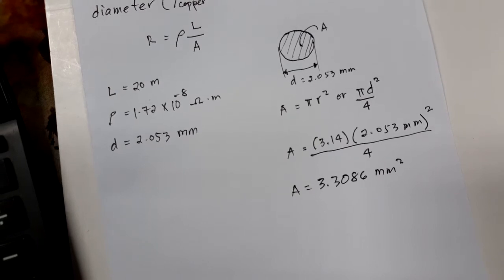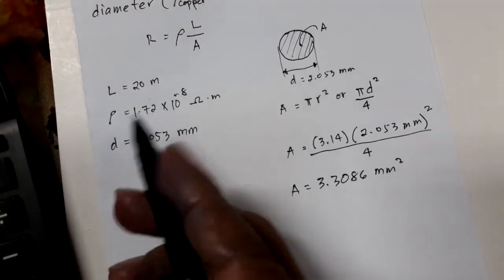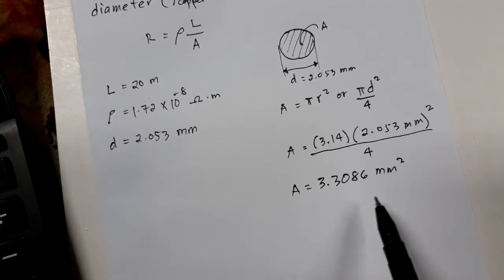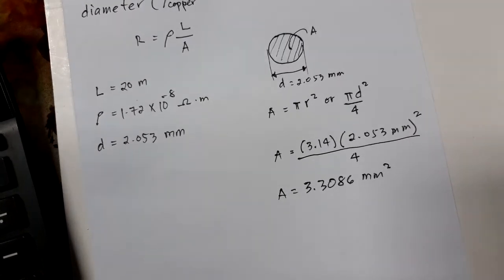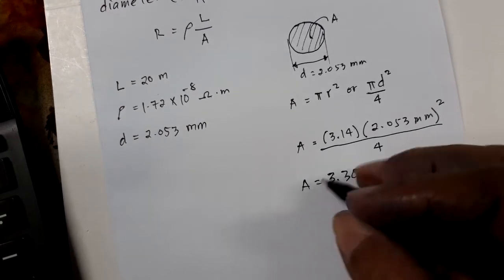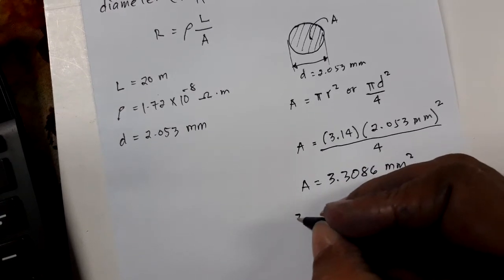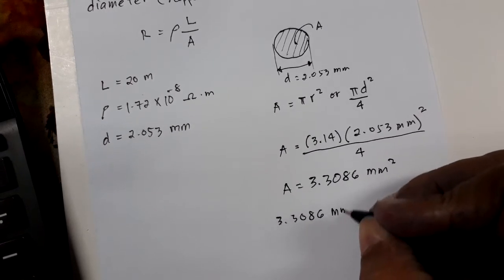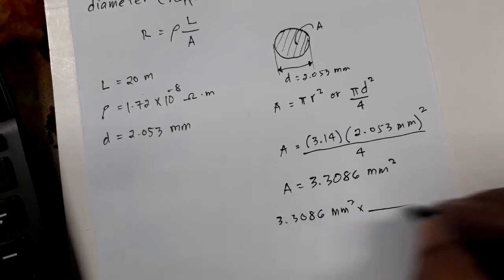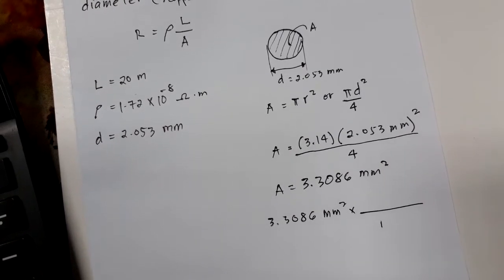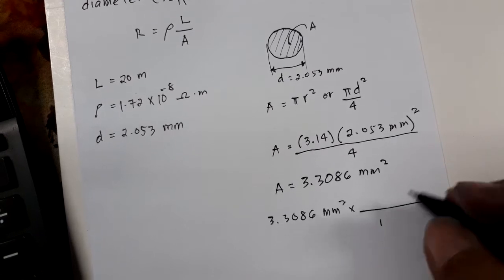Since our unit here is in meters, we can convert mm to meters first. We need to convert this area: 3.3086 mm squared times, in 1 meter there are 1000 mm.